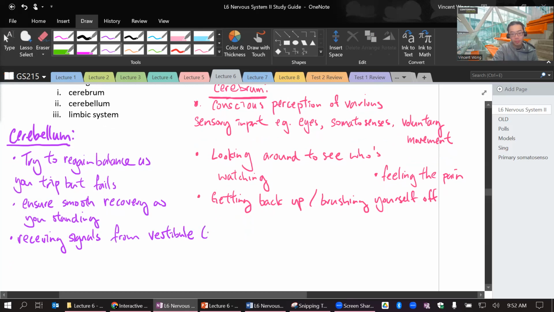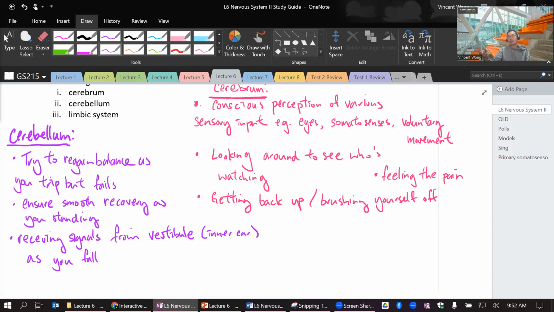Vestibule is part of the inner ear, and it detects acceleration. Falling is a type of acceleration.